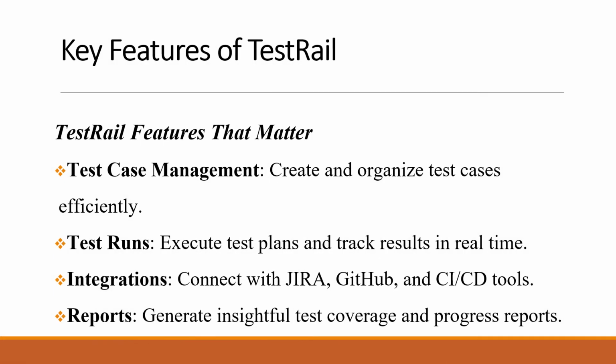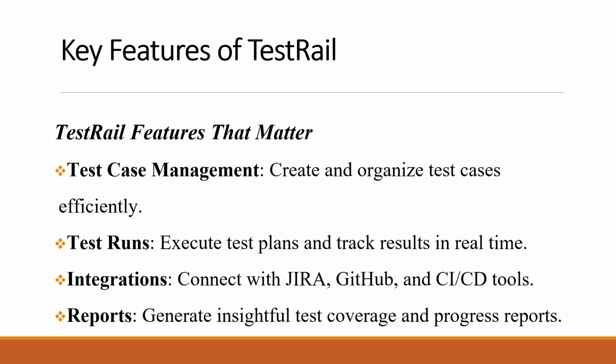TestRail comes with a range of features that simplify the testing process. Test case management: you can create, edit, and organize test cases into structured test suites and sections for better organization. Test runs: TestRail allows you to execute test plans, track real-time results, and mark test cases as passed, failed, or blocked.